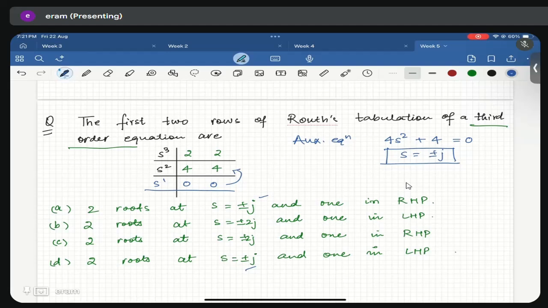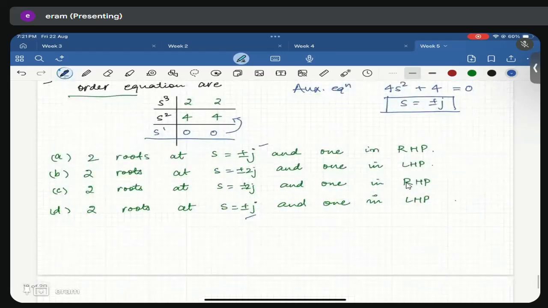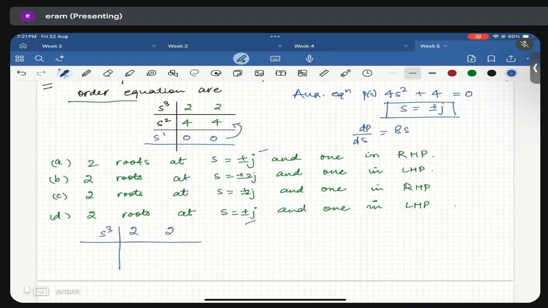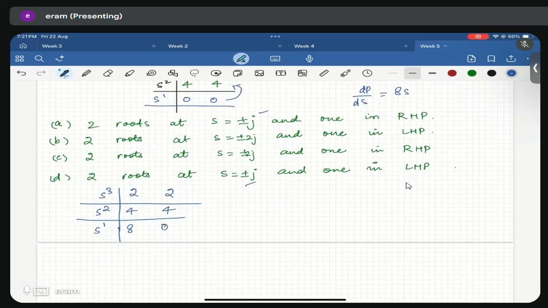For that we complete the table using the derivative of P(s). So dP by ds will be 8s. Then we can rewrite the table as 8 and 0, and S0 will be 4.